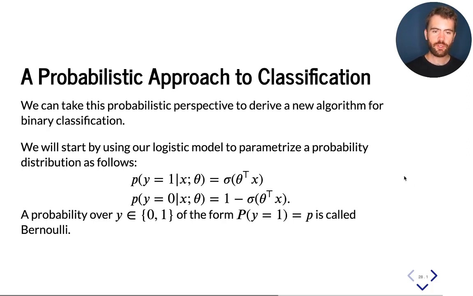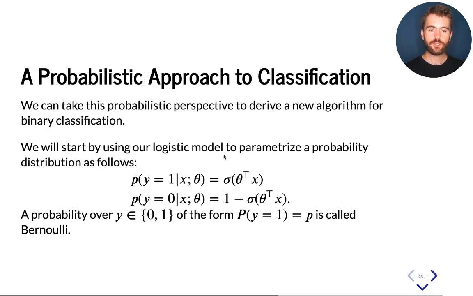In order to define an objective, we're going to follow the probabilistic approach to classification, which we have discussed in the previous lecture. So we're going to start by giving a probabilistic interpretation to our algorithm, and then we're going to apply the principle of maximum likelihood to derive an objective.